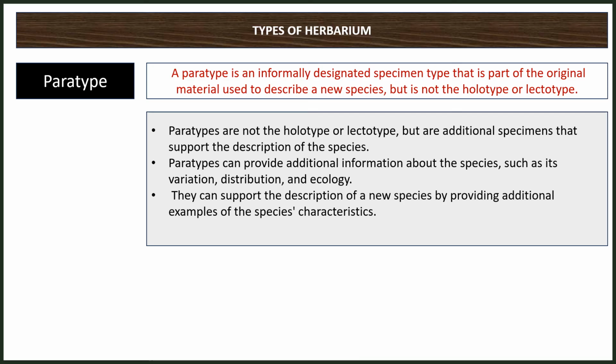So if there are any character differences, any ecological differences, any distributional differences, at that point of time it will be helpful. So they can support the description of the new species by providing additional information, additional examples to define the characteristics of the species. So that is the paratype.